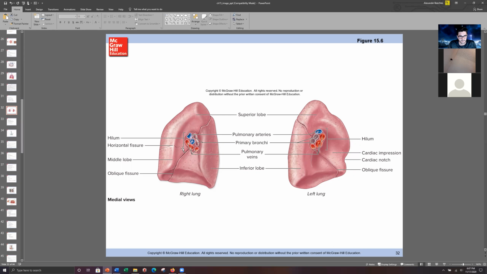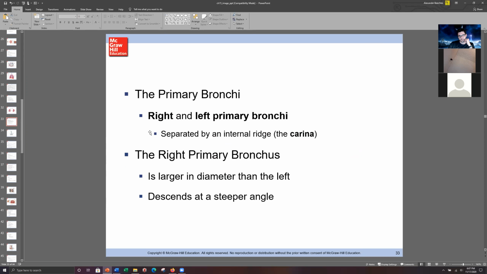Okay. And then our hilum. You'll see this word pop up in some other chapters that we'll cover too. The hilum is just an indentation, a little recess where we have vasculature that's either entering or exiting an organ. The spleen has a hilum, the kidney has a hilum. So you'll see that term pop up quite a bit. We've got our primary bronchi, right and left, separated by an internal ridge, the carina.